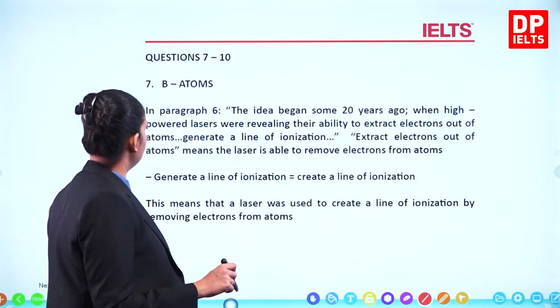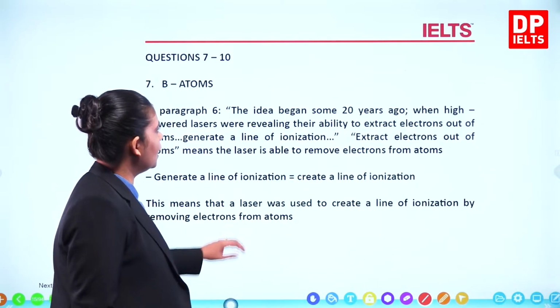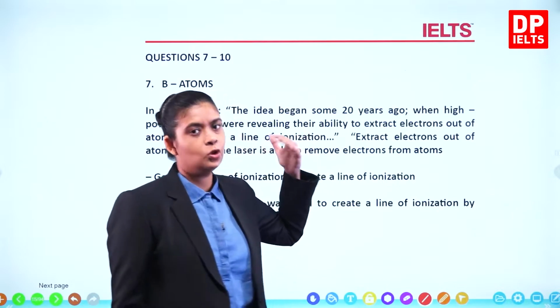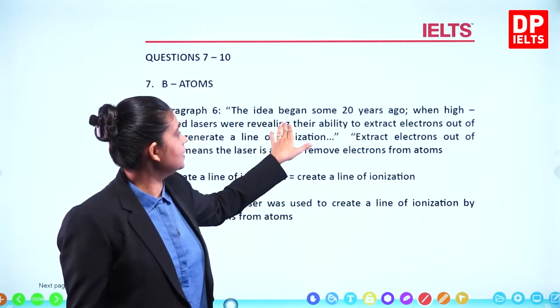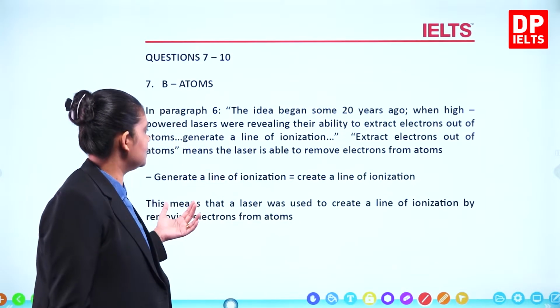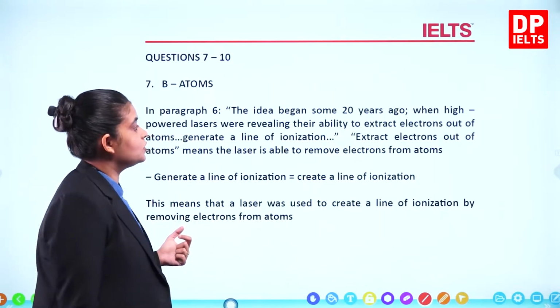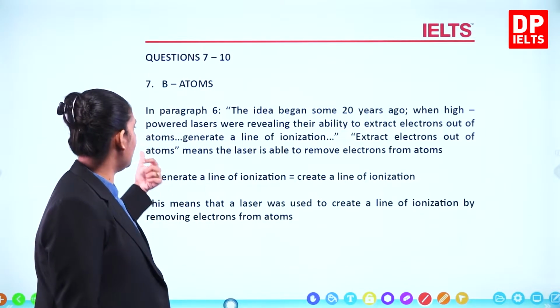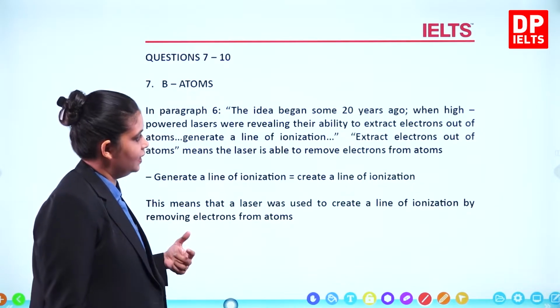Question number 7, right? In paragraph 6, the idea began, now go to para 6 and have a look at these sentences. The idea began some 20 years ago when high-powered lasers were revealing their ability to extract electrons out of atoms to generate a line of ionization.